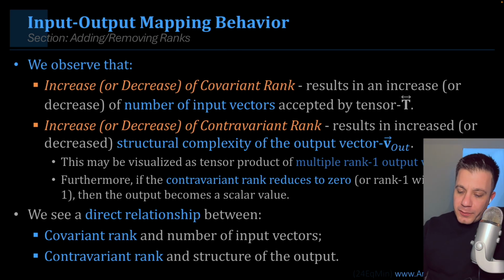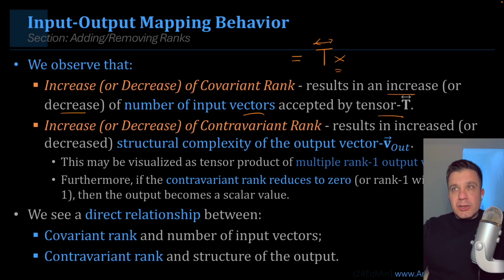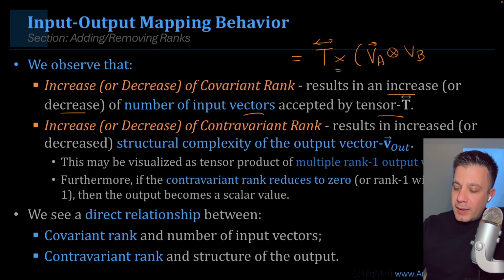So we observe that any increase or decrease in covariant rank results in an increase or decrease in the number of input vectors accepted by the tensor. So we have our tensor, and that is multiplied, assuming we're employing the proper contracted ranks, times VA tensor product VB, and then that could go on for as many as we desire.